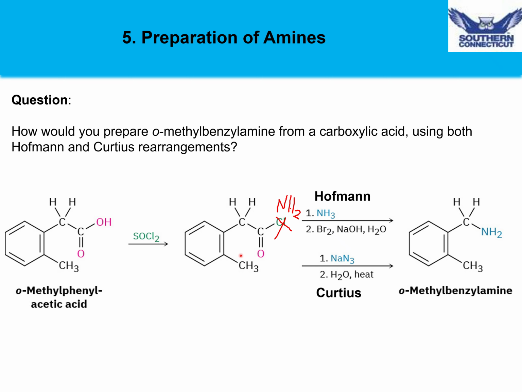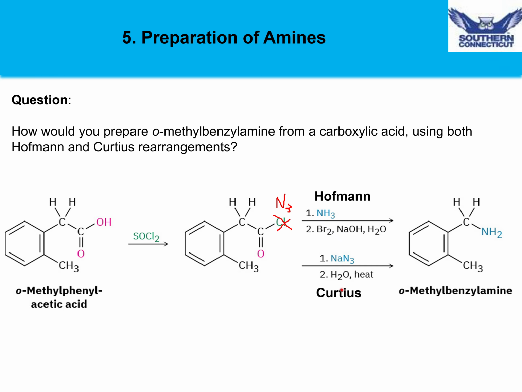In the Curtius rearrangement, we want to convert this acid chloride that we originally have and add sodium azide to give us an azide group instead of this chlorine.